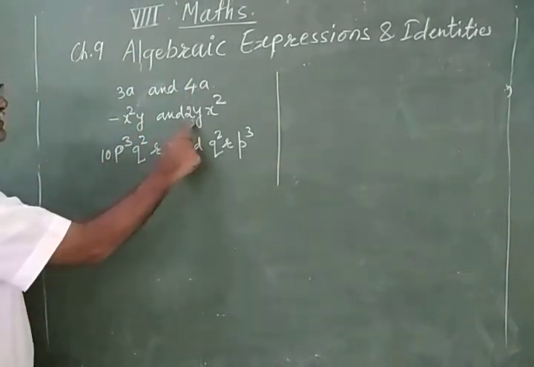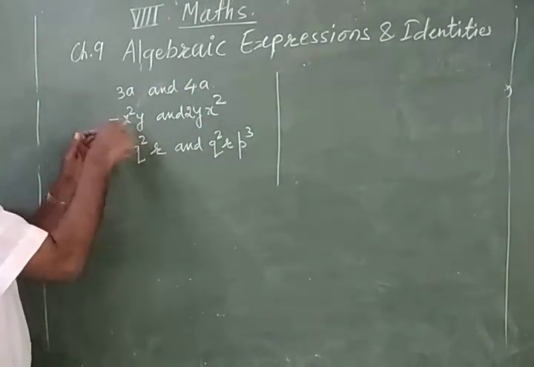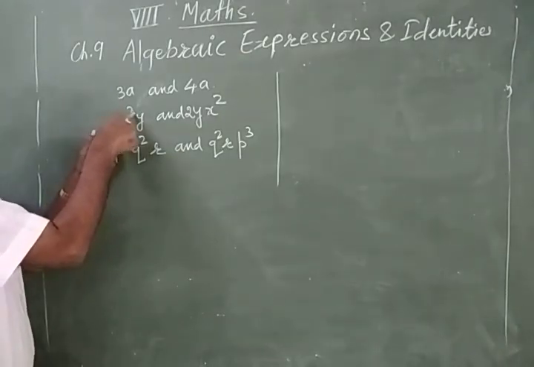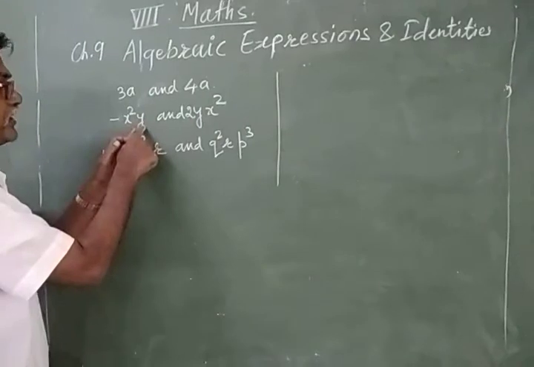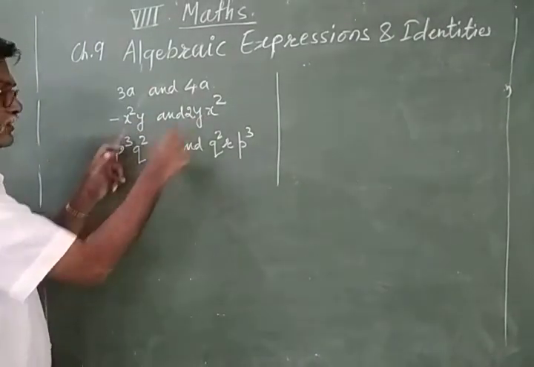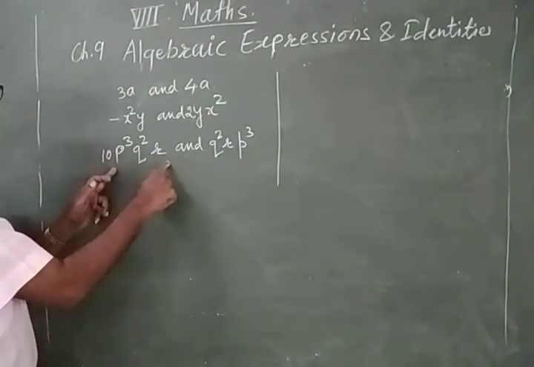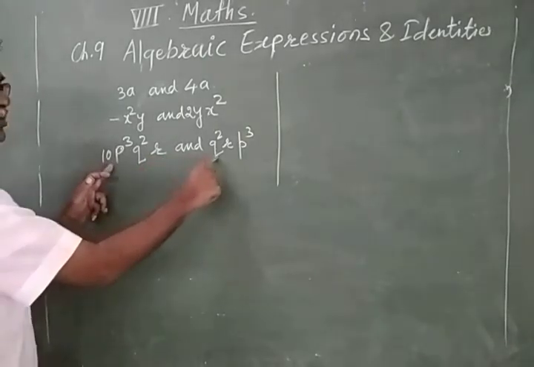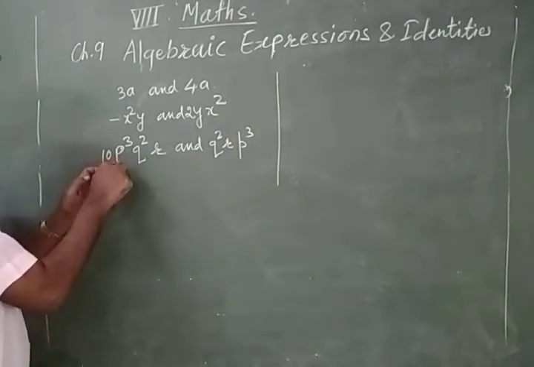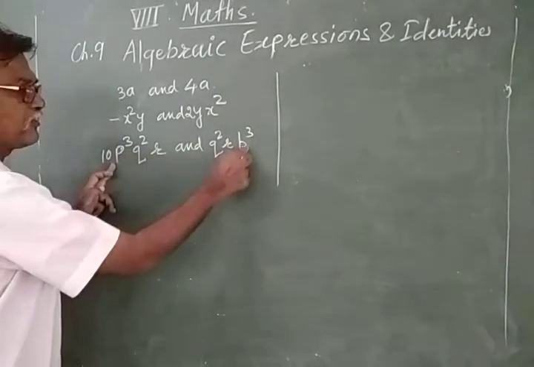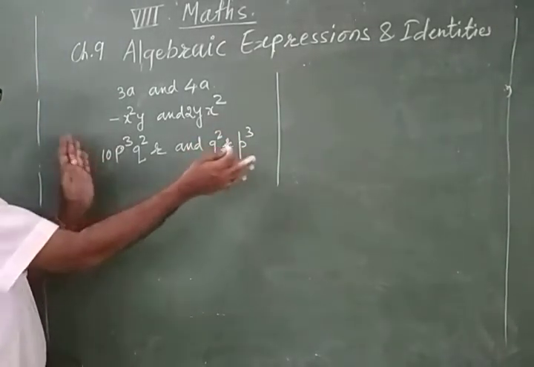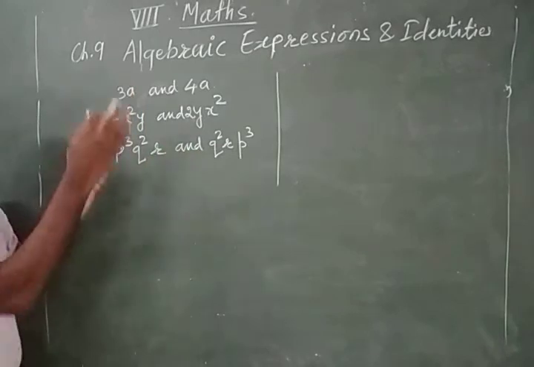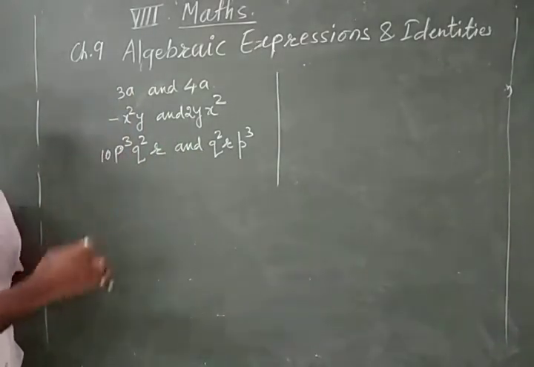Here two variables, x and y. The power of x is 2. Here also power of x is 2. Power of y is 1. In this case, there are three variables, p, q, r. Q, r, p same. Power of p is 3. It is written in another order, but it doesn't matter because we have seen the property, commutativity.